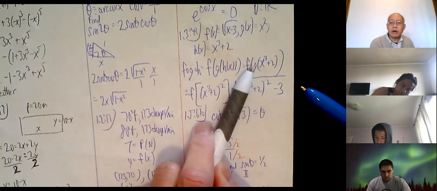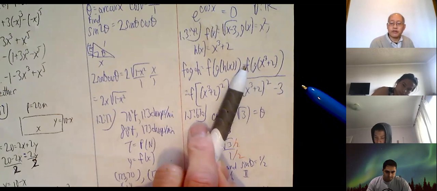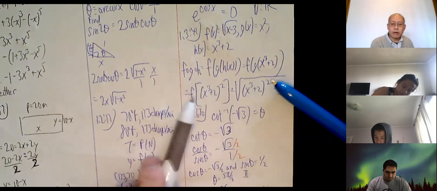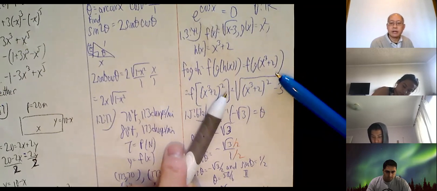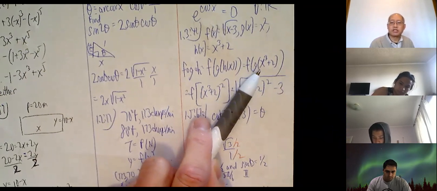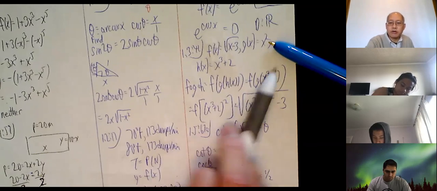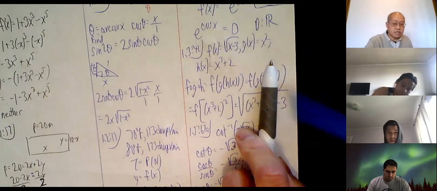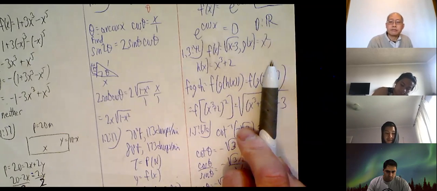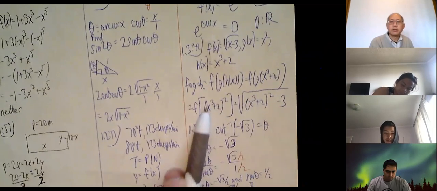All right, so now I do g. So forget about the f. F, paren, paren, or bracket, bracket. Okay, and now I apply the function g. What does g do? It squares whatever you give me. So whatever's behind this pen right here, I square it. So it's x cubed plus 2 squared.